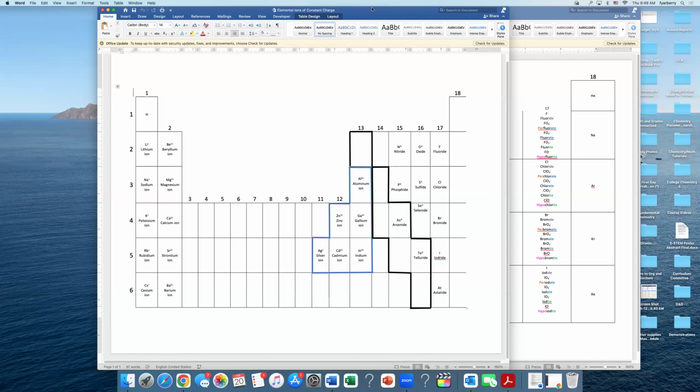That is because your group 1 metals always form a +1 charge if they're part of an ionic compound. Your group 2 metals always form a +2 charge if they're part of an ionic compound.